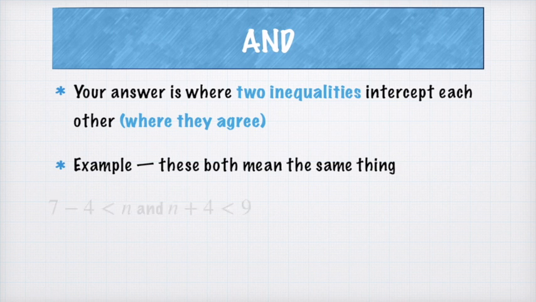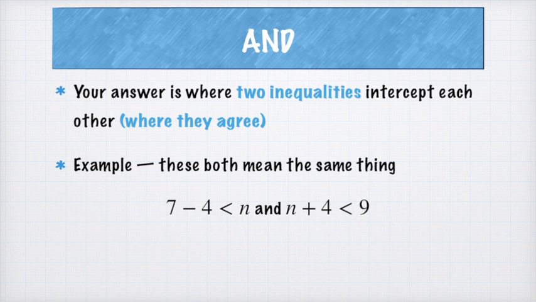The nicer, friendlier version is like this, where we have two different inequalities. So we have 7 minus 4 is less than n, and n plus 4 is less than 9. So that means that n has to be greater than 7 minus 4, and n plus 4 has to be less than 9.